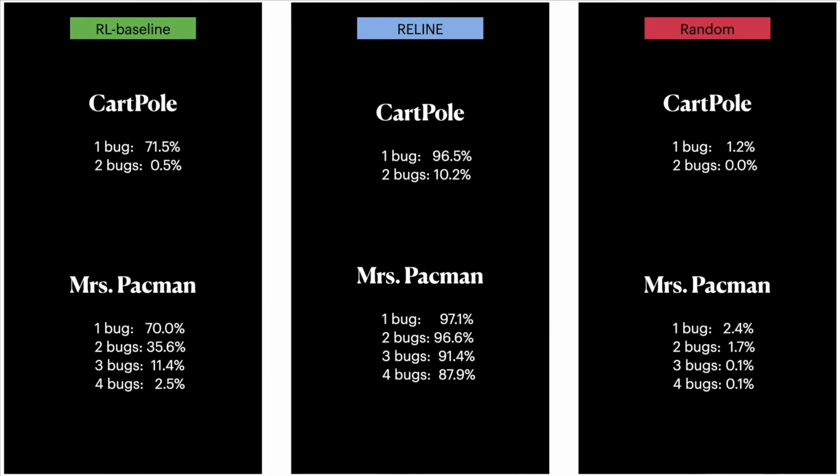And here we have the results. We reported the percentage of cases in which the agent is able to spot one or more bugs in the same game, for each agent and for each toy game.